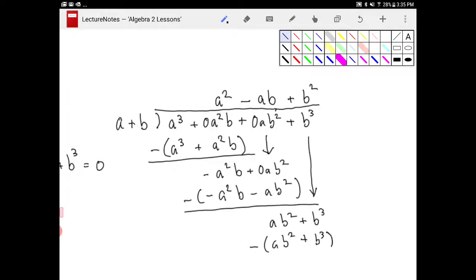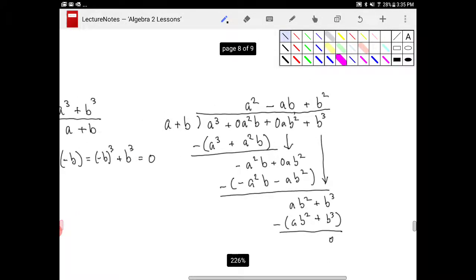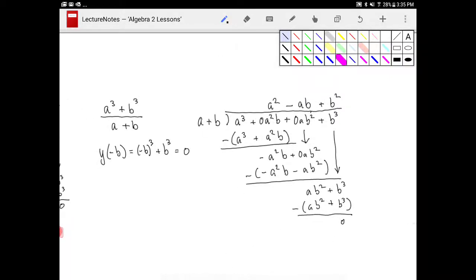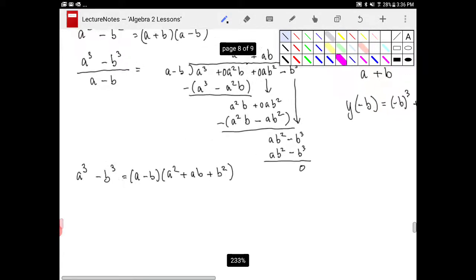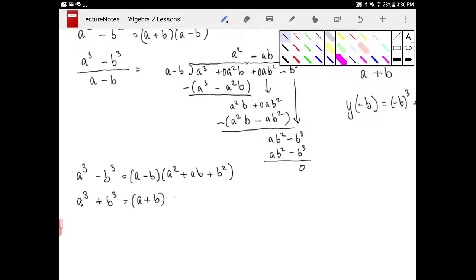And if I subtract, again, I will end up with 0. So what will a cubed plus b cubed factor into? That will factor into a plus b times a squared minus ab plus b squared.